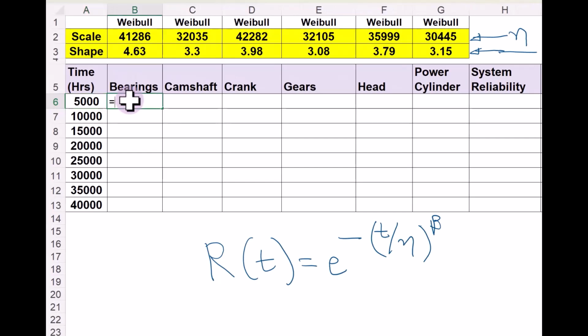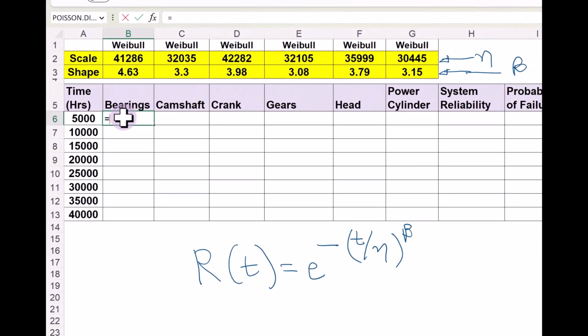So we use the equal to symbol to create a function here. Before copying this formula, we need to also add the dollar symbol for the column of time, because we want to use the same column when we copy. So we put $A6 or whatever cell you have.